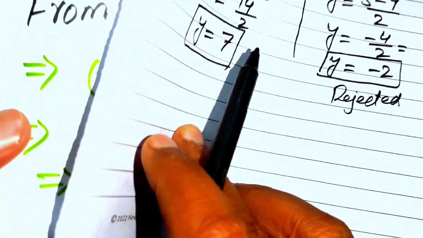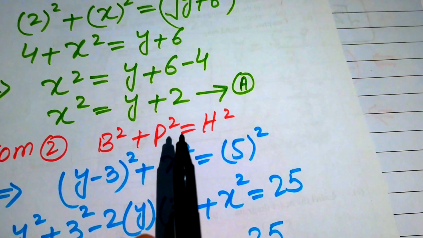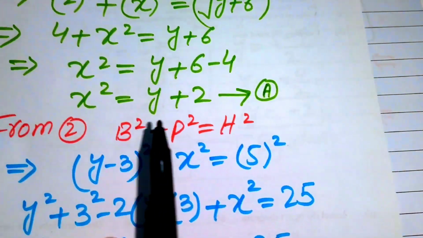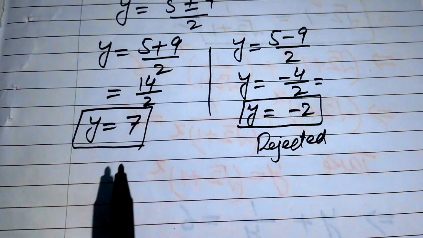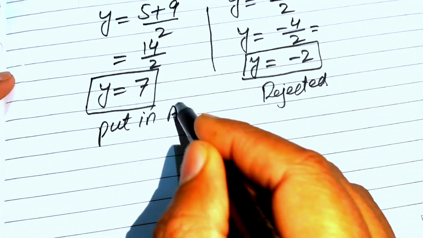So now we put this value of y in equation number a, and we get the value of x. We write it as put in a.